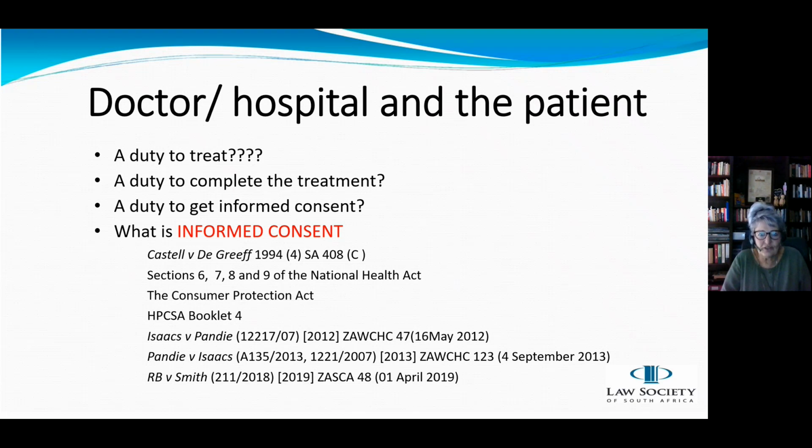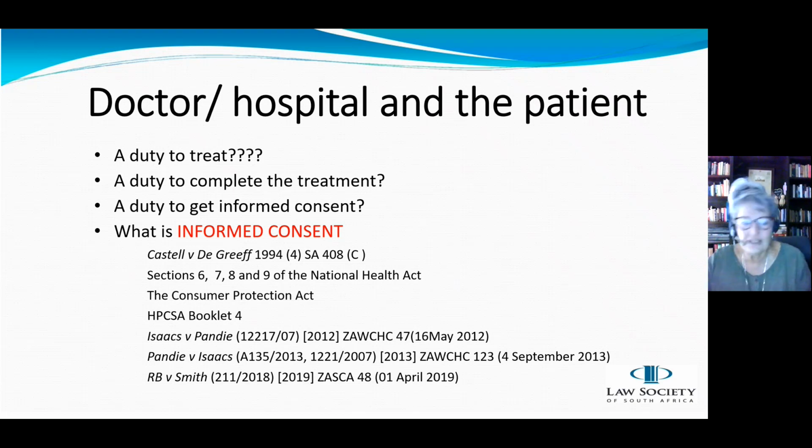Then also in the National Health Act, you will find in sections 6, 7, 8, and 9, where consent is also addressed and where it is explained what happens in emergencies when the person themselves cannot give consent. Who then should give consent, and how does it work?